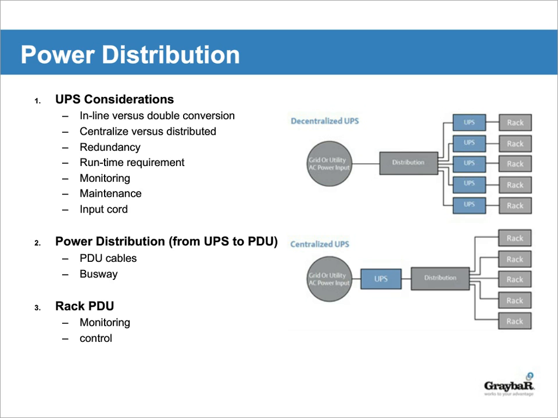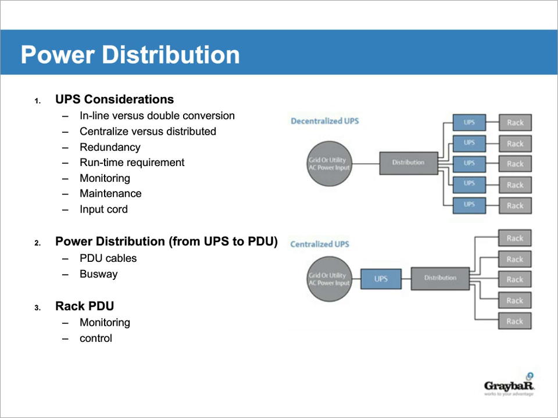So if you go with the inline UPS, you're going to be spending a lot more money on electricity bill, right? Because it is less efficient. But most importantly, right, the battery life on the inline UPS is a lot shorter. So you're looking at a 2 or 3 year battery life on the inline UPS versus a 5 to 6 years battery life on the double conversion, right?